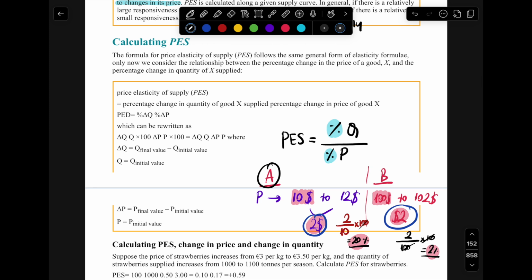Again, there is a $2 increase. So the absolute change is the same. It's $2 for both of them. But economically, they're different because in example A, $2 is a 20% increase because it's 2 divided by 10 times 100. However, in example B, $2 is only 2% because it's 2 divided by 100 times 100, which is 2%.